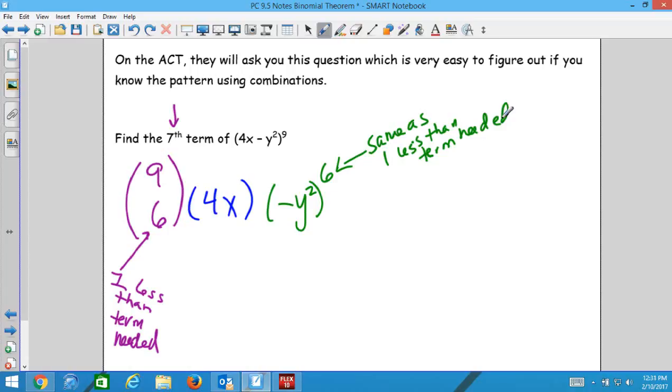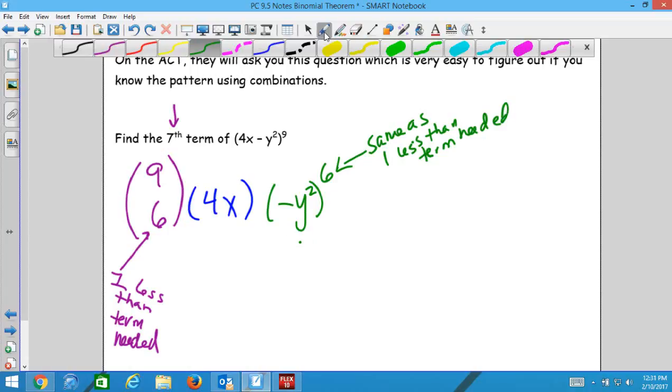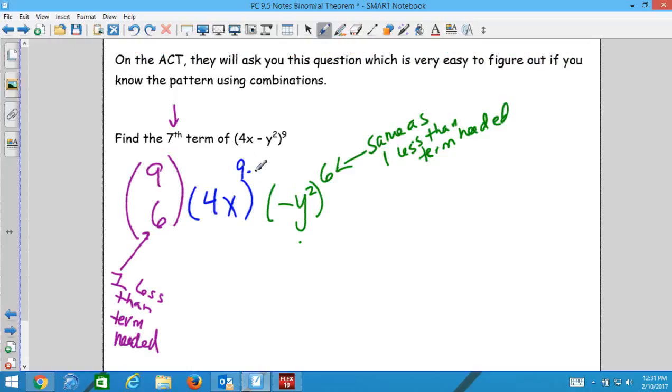And remember, when I add together these two exponents, they have to equal a total of 9. So the blue one is going to be the total minus how many that one is, or you can just subtract these two numbers.